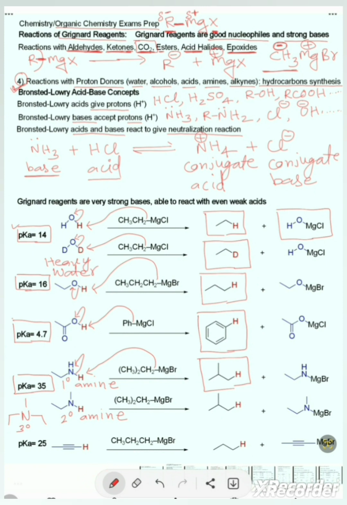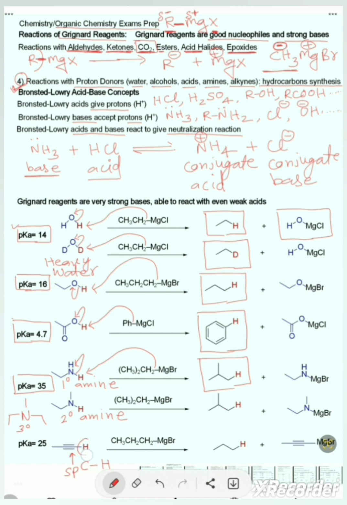Alright, so the next reaction is the reaction of a Grignard reagent with an alkyne. The alkyne has sp carbons in it, and the hydrogen is connected to the sp carbon. The sp carbon is more electronegative than sp2 and sp3 carbons, and that's the reason its conjugate base is more stable.